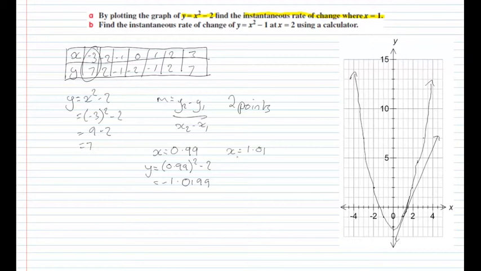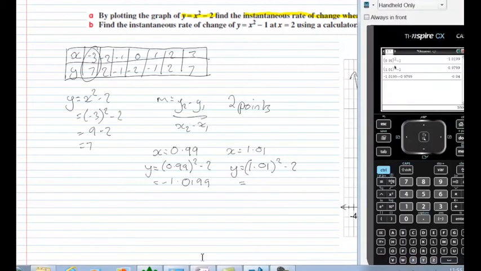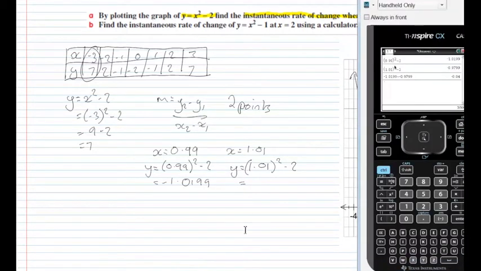Alright, once again, squaring 1.01, you get y is equal to 1.01 squared minus 2, which is equal to, going back to the one that I prepared earlier, -0.9799.